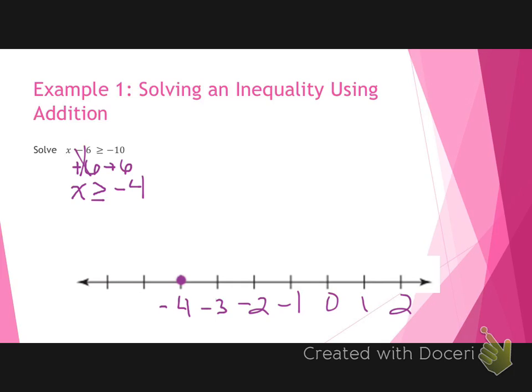And then we've got to decide, x is greater than negative 4, which means it's going to go this way. Because if you think of it, if you put 0 in, 0 is greater than negative 4, so we got to go this way. So that's how you graph it. Solid circle.